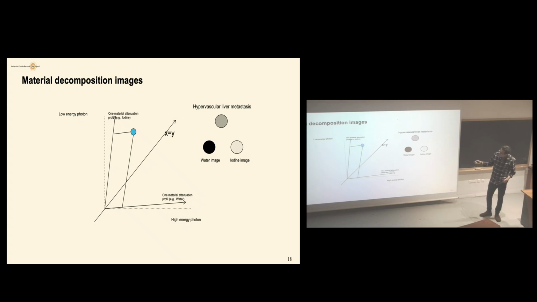So you need to put it in some projection basis, and you see that the way we project this basis is to draw parallel lines to the material attenuation profile here and here. And at the end, you will end up with, for this tissue, which is mainly close to the iodine, a high signal in the iodine and a low signal, but not negative, in the water image.